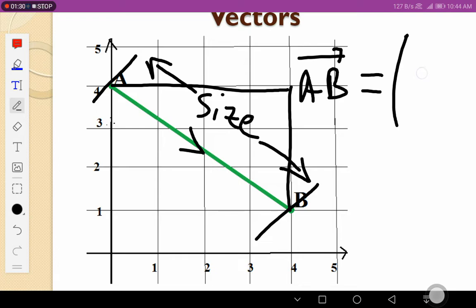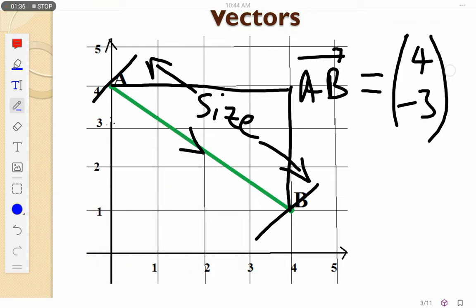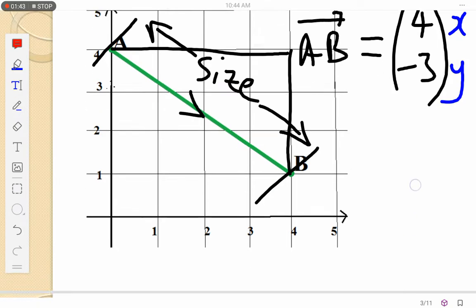So I've got 4, minus 3. Always remember that when we write our vector, the first one is x direction and y is the second one.